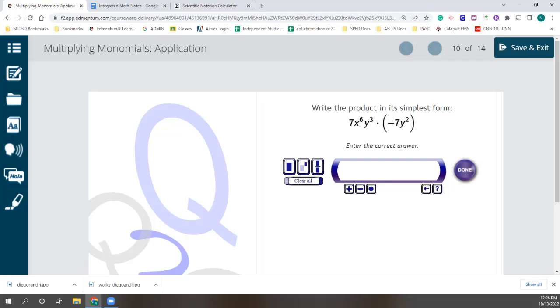We have nothing to compare or do anything with for the x to the 6th, multiplied by y cubed, y squared. So that should be adding the 3 plus the 2, should be y to the 5th. Put it in factored form, 49x^6y^5. Let's give it a shot.